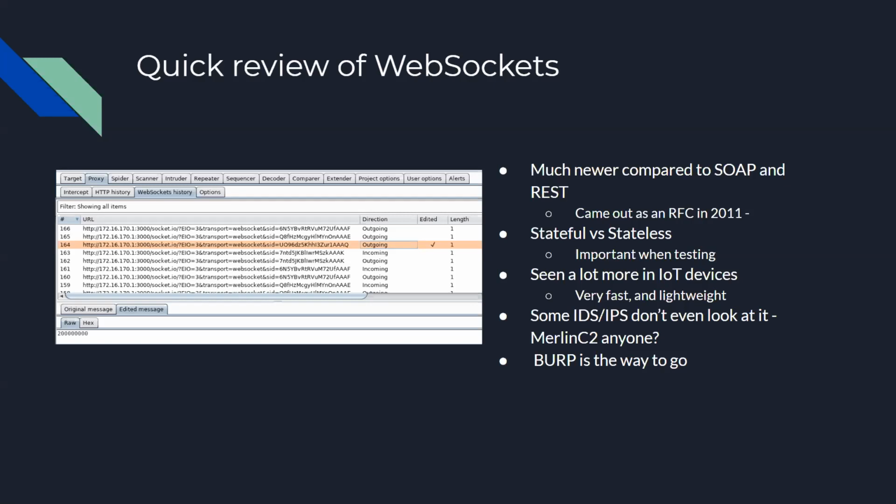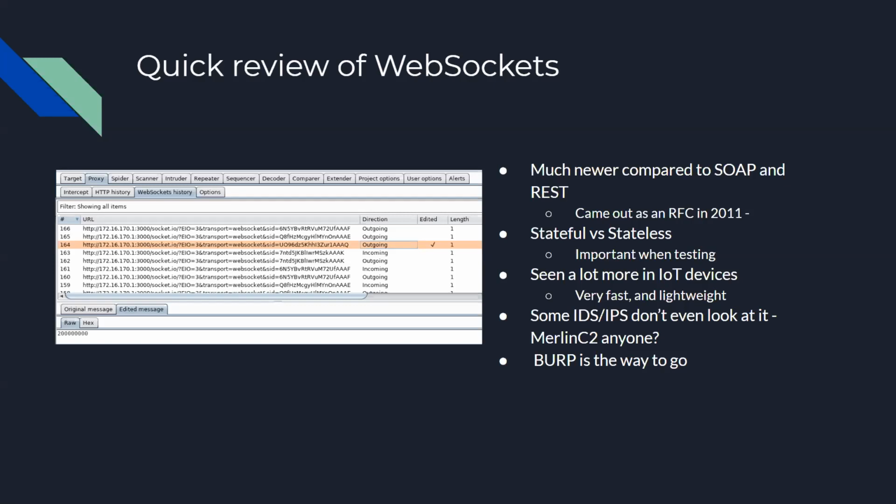It was an RFC back in 2011, and really the big difference between REST and SOAP and WebSockets is that REST and SOAP are stateless. They're more web-based. They're looking at authorization that you'd find in traditional web applications, versus WebSockets, which are stateful.